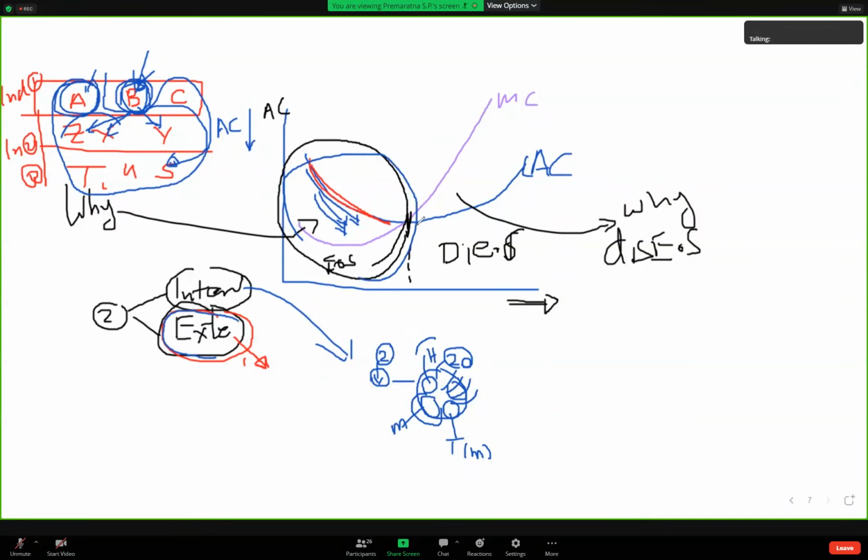But you can see that after a firm becomes too big, it starts to have diseconomies of scale. Why is that? Let's say the firm becomes bigger and bigger, around 20,000 workers. It is too big to handle.